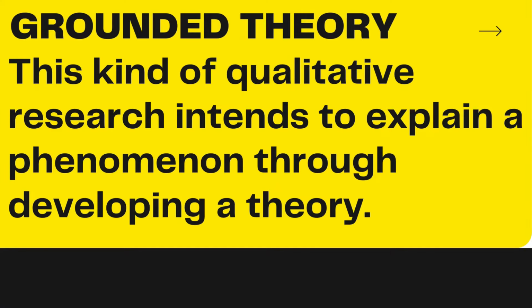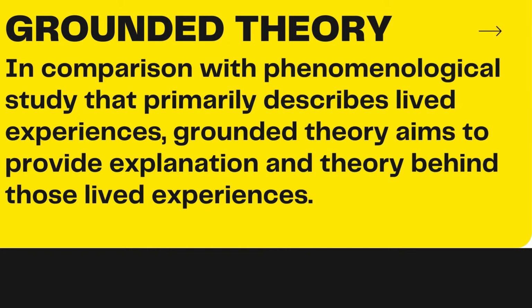Next type of research natin is grounded theory. This kind of qualitative research intends to explain a phenomenon through developing a theory. Grounded theory, in comparison with phenomenological study that primarily describes lived experiences, grounded theory aims to provide explanation and theory behind those lived experiences.